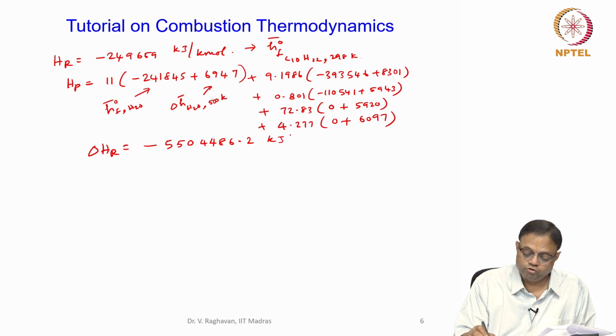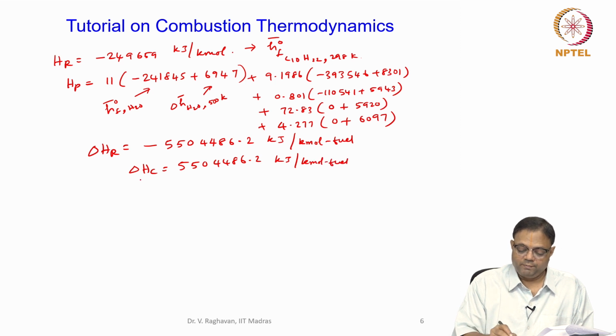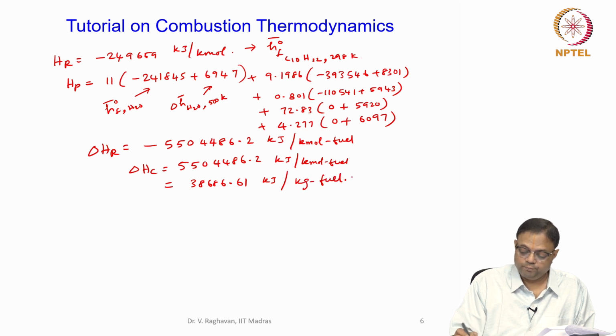So when I substitute these values, I can find delta HR equal to minus 5504486.2 kilojoule per kilomole of fuel, or delta HC will be equal to 5504486.2 kilojoule per kilomole of fuel. So when I divide by the molecular weight, I will get this as 38686.61 kilojoule per kilogram of fuel.